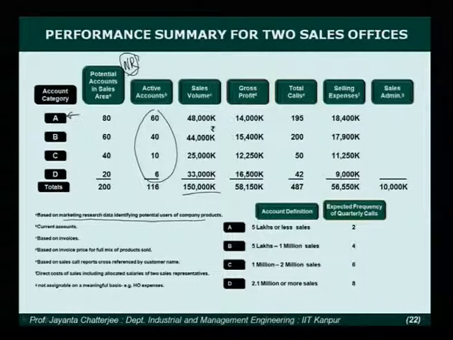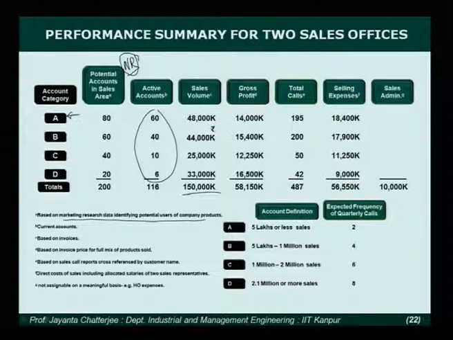This is again based on our own invoices and the mix we offer these customers: 14 million, 15.4 million, 12.2 and 16.5 million. So against 150 million sales volume, we have a gross profit of 58.15 million.